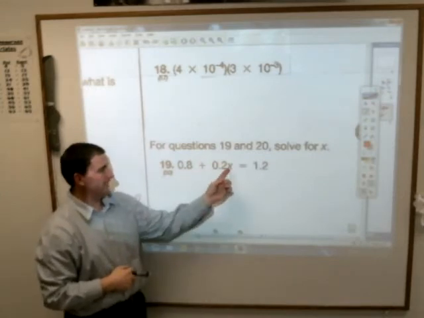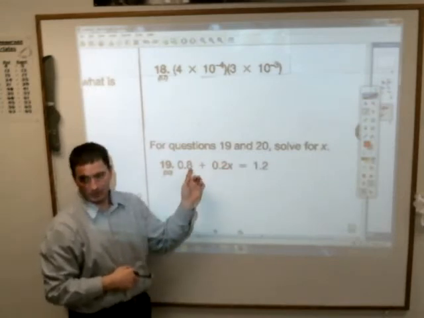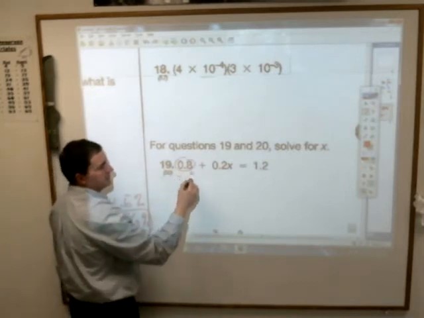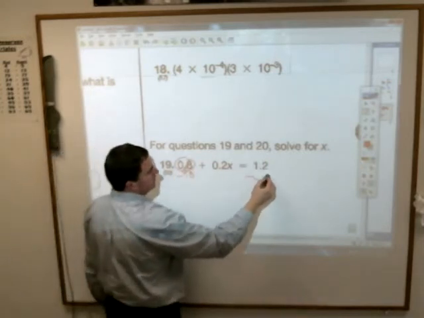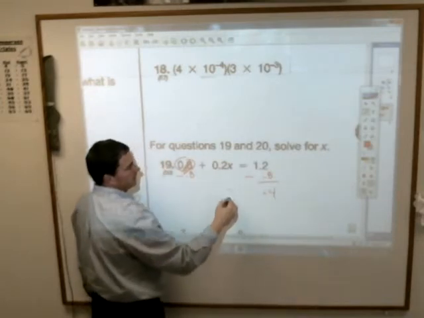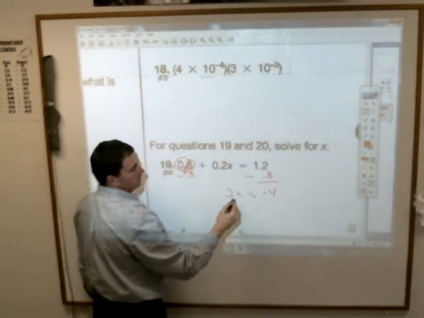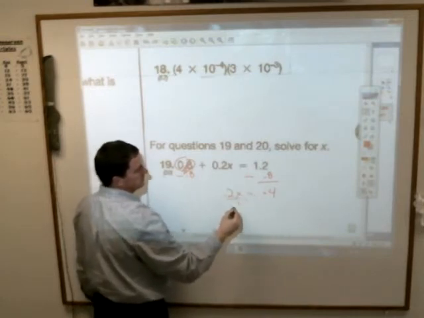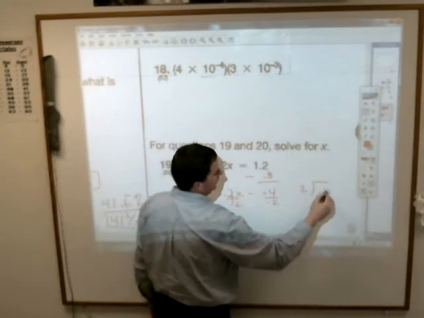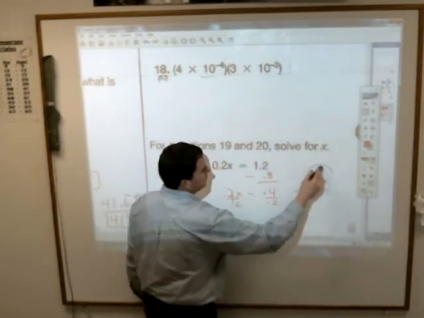You can't put a term that has an x with a term that doesn't have an x. What you need to do is get rid of this altogether by subtracting it from the other side. So you subtract 0.8 from 1.2 and you get 0.4. And now it's 0.2x equals 0.4, so you divide by 0.2. And 0.2 goes into 0.4 two times.